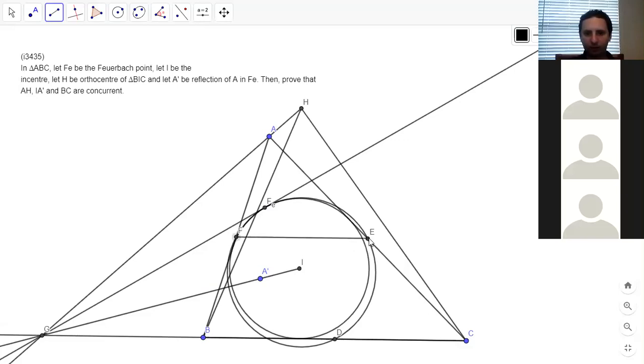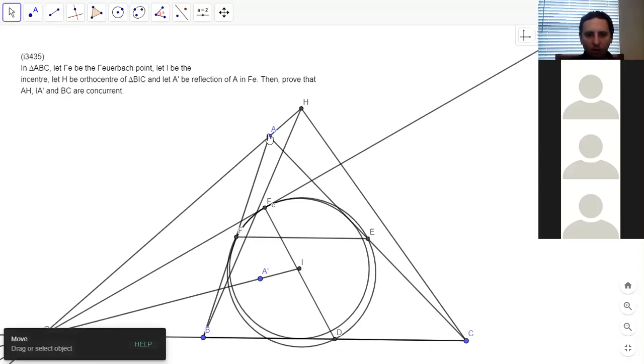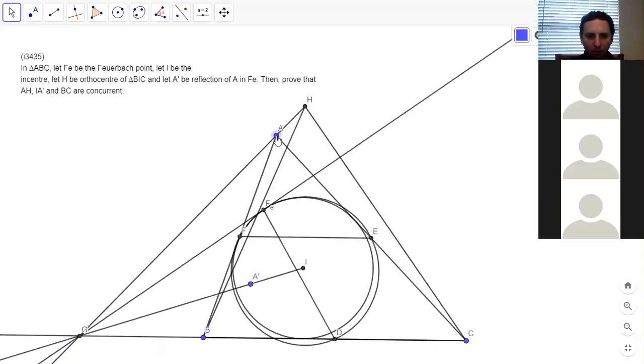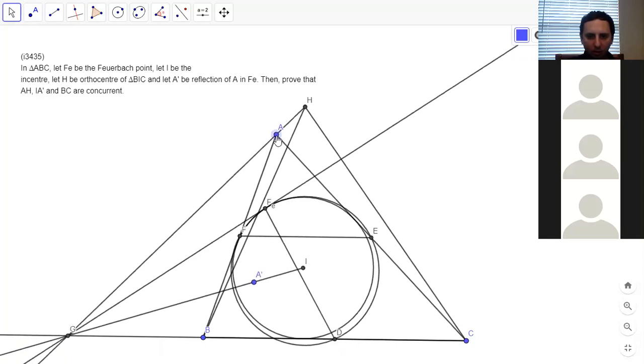Interesting. Well, EF is the A midline. So actually, it's the opposite. The proof of the intersection of EF, actually, the first one proves the second one.